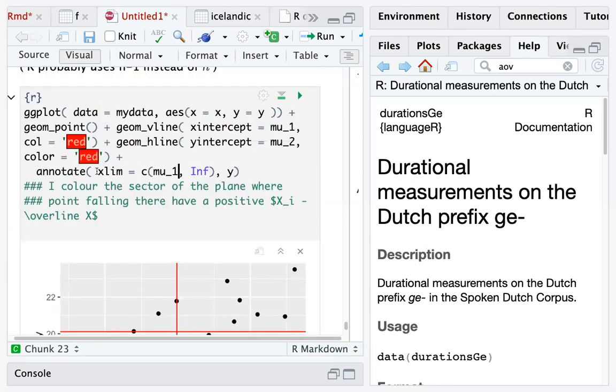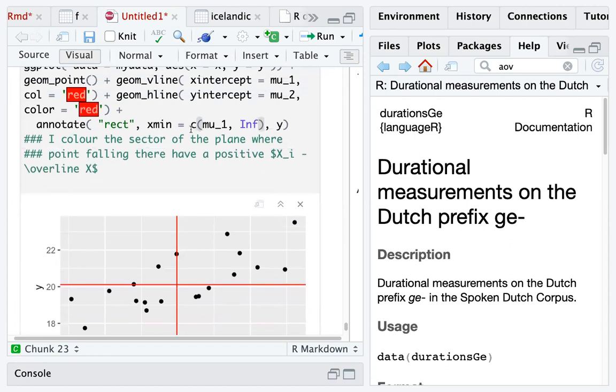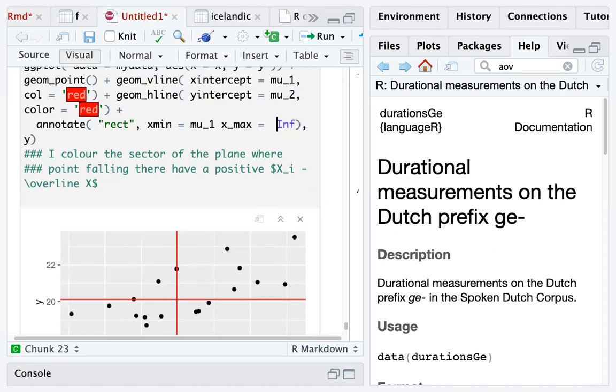I want to put a rectangle, so annotate rect, and I have to put the x min. It will be the left bound of this region, which will be mu1, and x max will be equal to infinity.